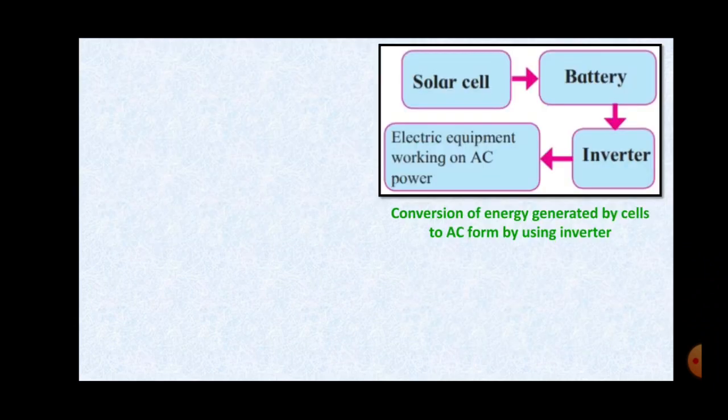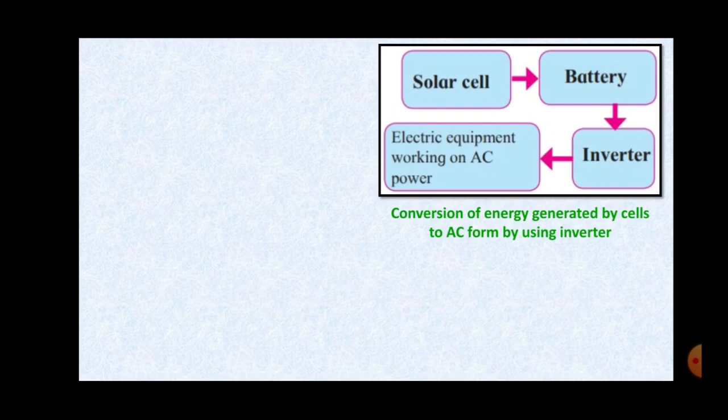Now the solar energy that is converted into electrical energy is in the form of DC, that is direct current, right? So if we are using equipment which runs on DC, then we can directly use this electrical energy.